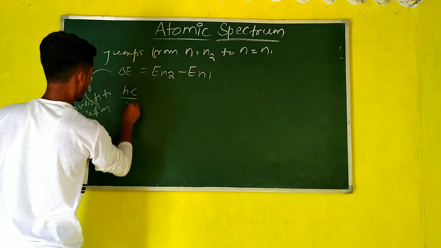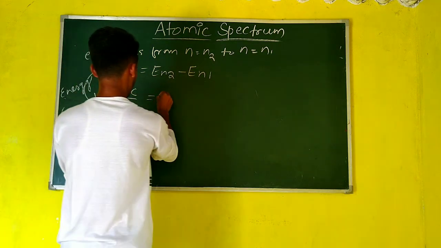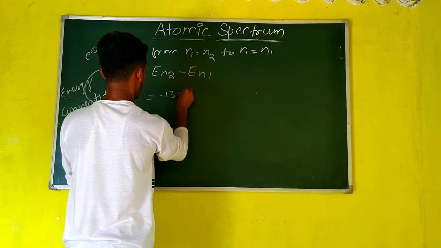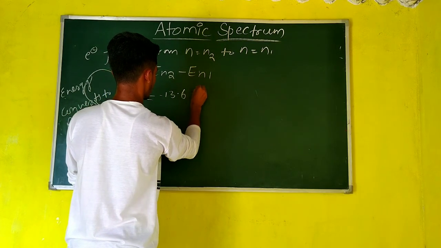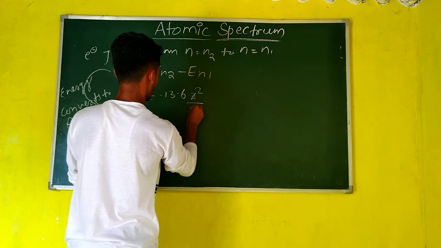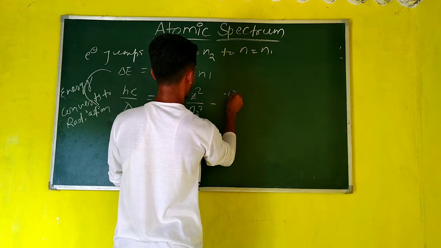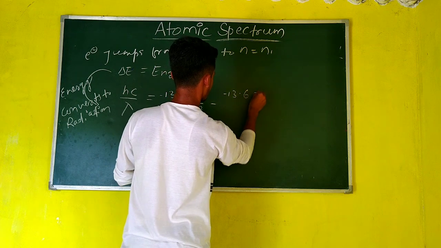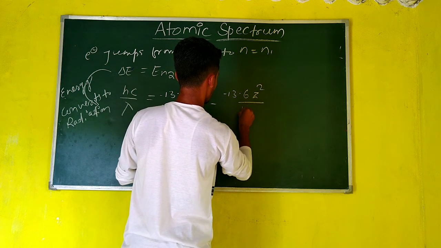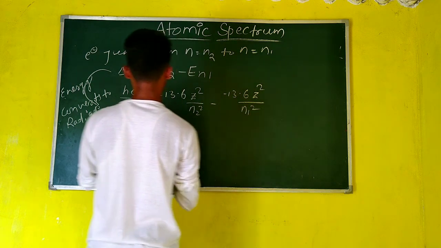hc by lambda equal to minus 13.6 z square by n2 square minus 13.6 z square by n1 square.